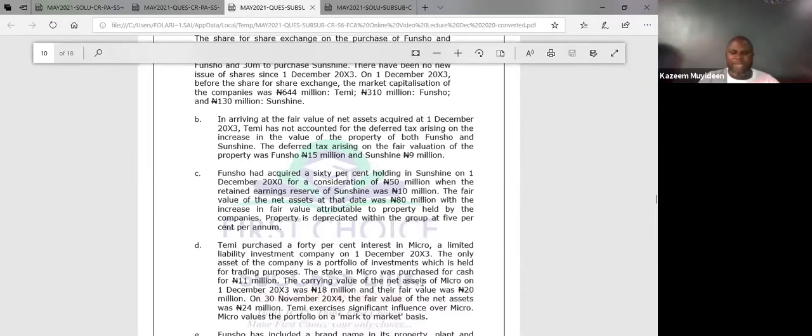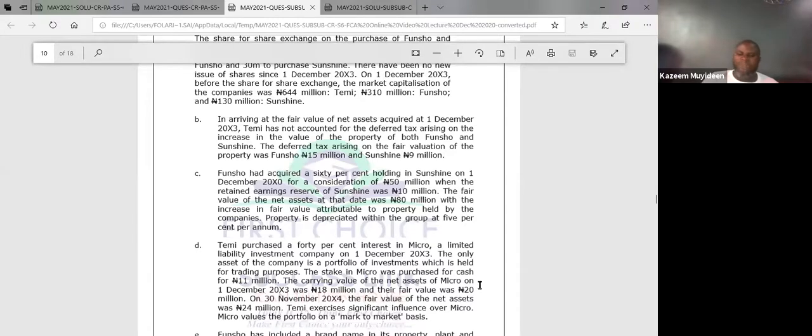The carrying value of the net asset is 18. No, I cannot use the carrying amount. On the day he purchases, it must be fair value because it is for trading purposes. And the fair value was 20 million. I will use the fair value on that day, although the cost is 11.